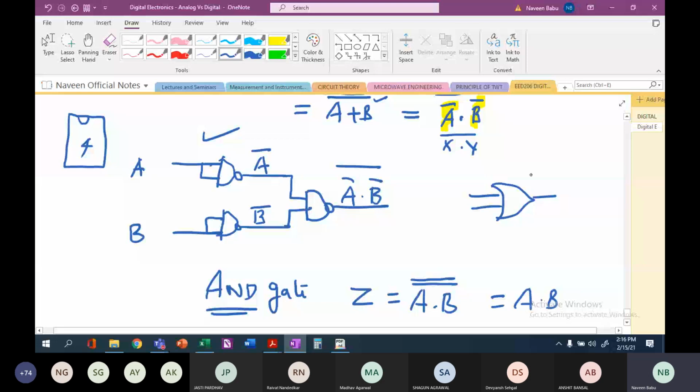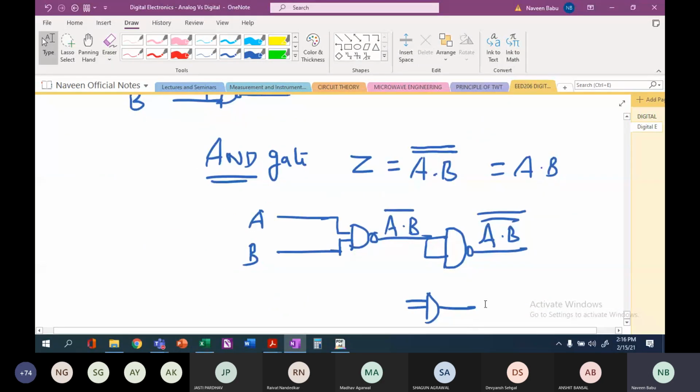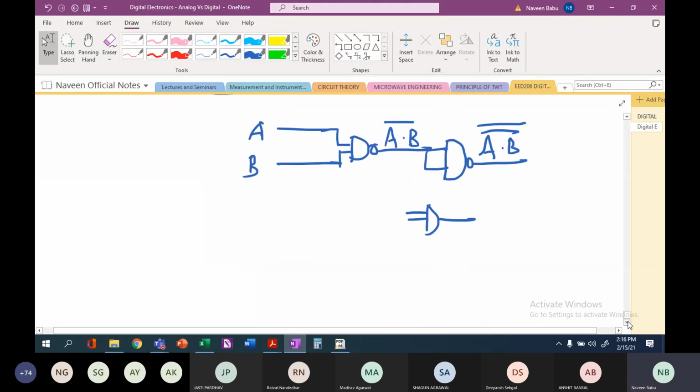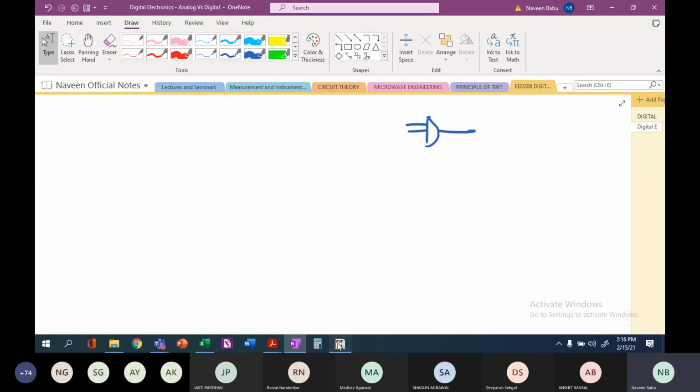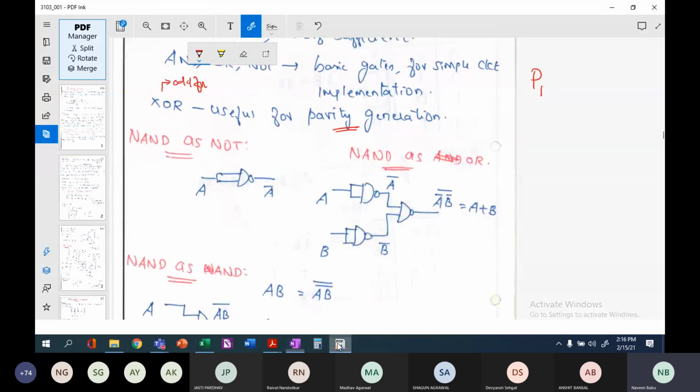But in a circuit where AND, OR, NOT, XOR, all the functions are available, when you implement using NAND gates, then you will be using only one kind of IC there, whereas in these cases you will be using multiple different kinds of ICs and you will have to bias them properly also.